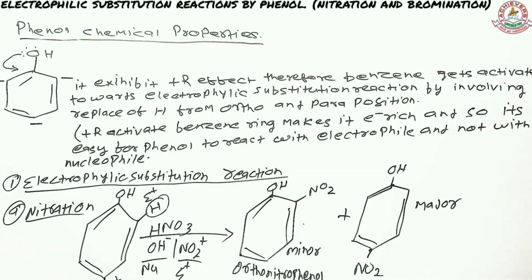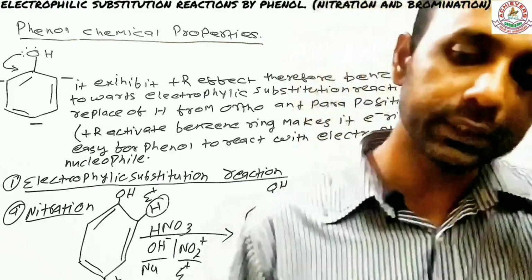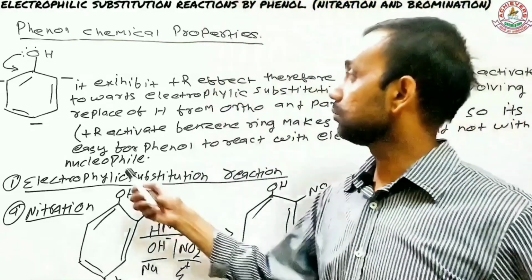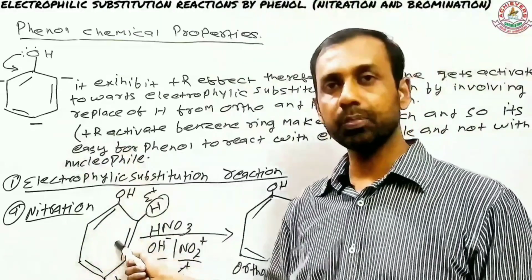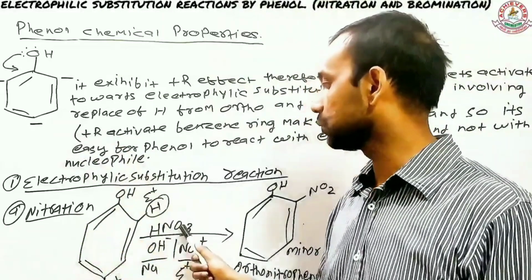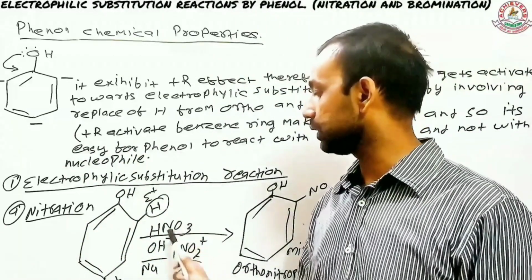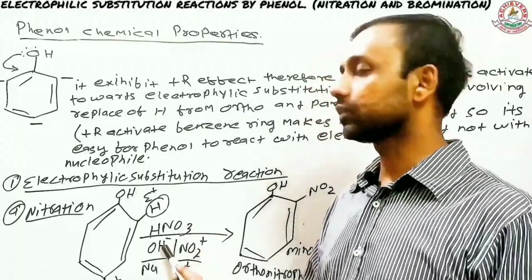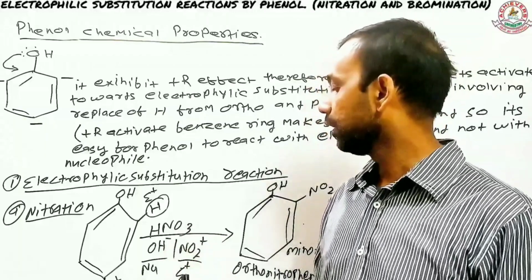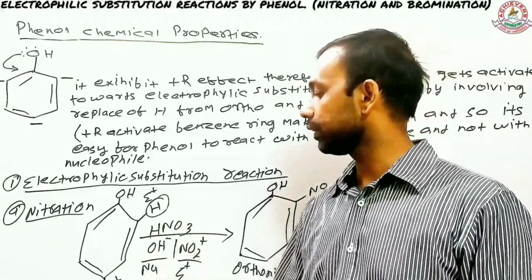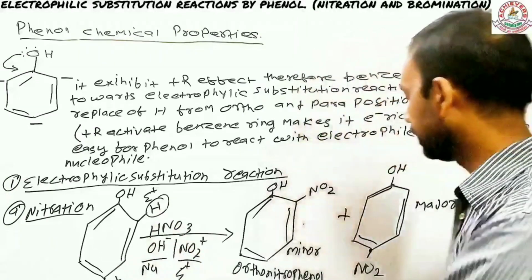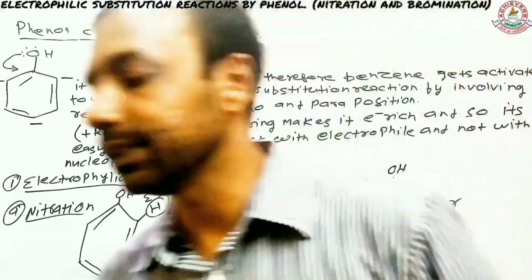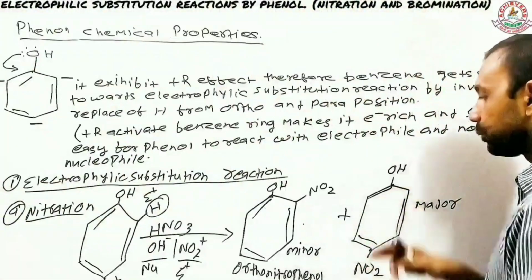Let me tell you a bit here, that the first reaction that phenol can undergo is nitration. In the nitration, phenol reacts with HNO3, and since HNO3 contains two ions, NO2 and OH negative, where NO2 is the electrophile part, the electrophile will displace two hydrogens from ortho and para position, and therefore you get two products. Now the question is how these two products are separated.